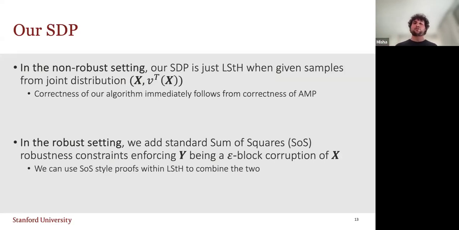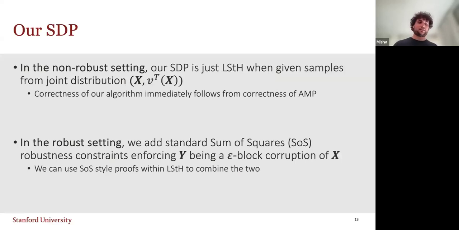And together we can use those to essentially reduce down to the non-robust setting. That's essentially the proof outline, modulo many details, which we encourage you to read in our paper.